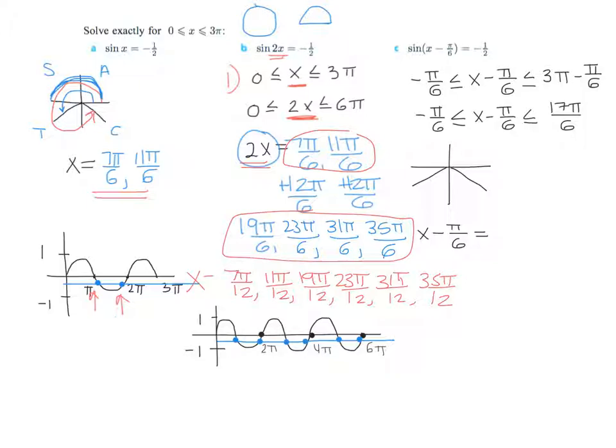One way that you can check these answers is simply plugging them into the original equation. If you plug in 7 pi over 12 into sine of 2x, do you get negative half? Let's see. By plugging in 7 pi over 12 and multiplying that by 2, you get 7 pi over 6.